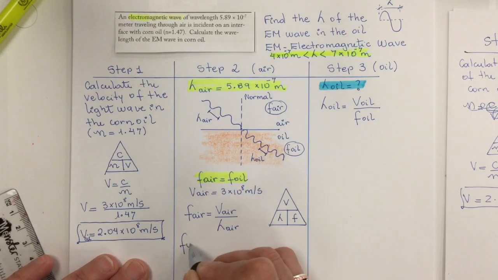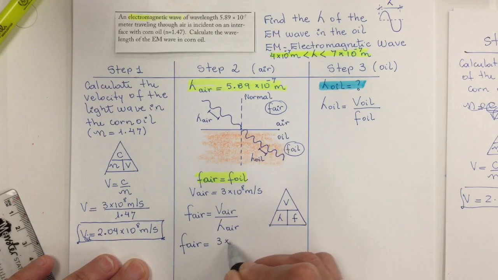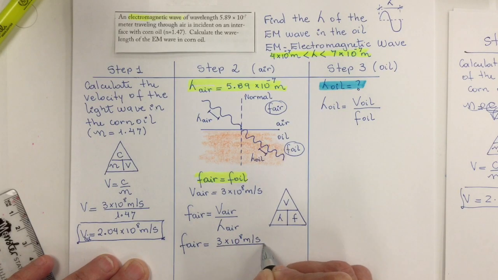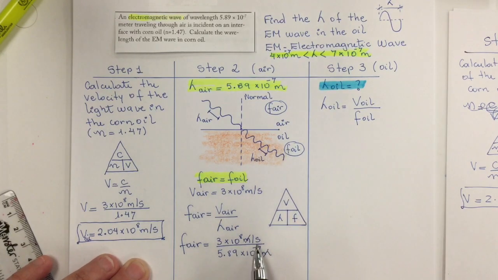So the frequency in the air is the velocity, 3 times 10 to the 8 meters per second, over the wavelength, 5.89 times 10 to the minus 7 meter. I cancel meter with meter, and I have 1 over second, which is the unit for hertz.